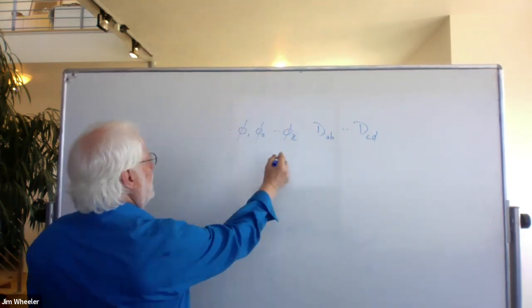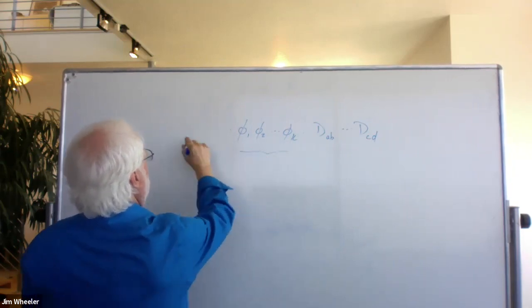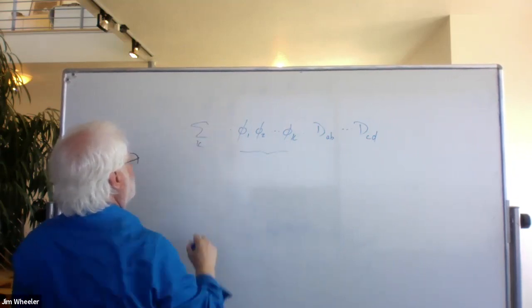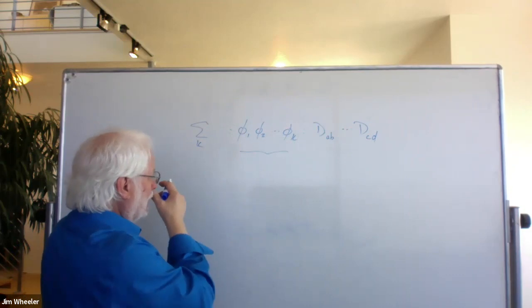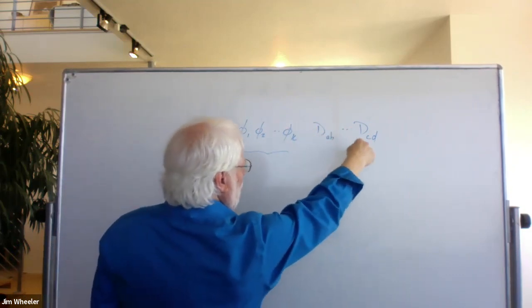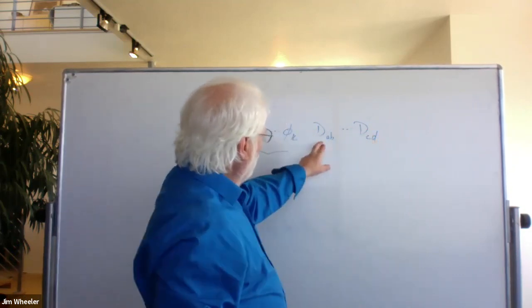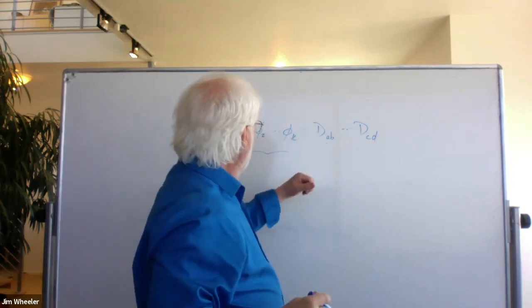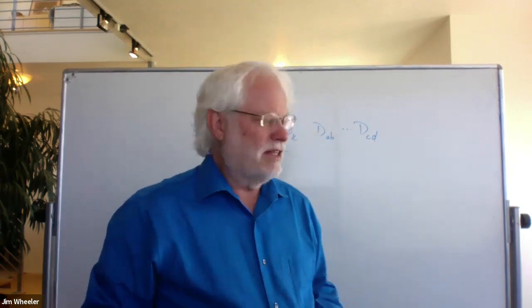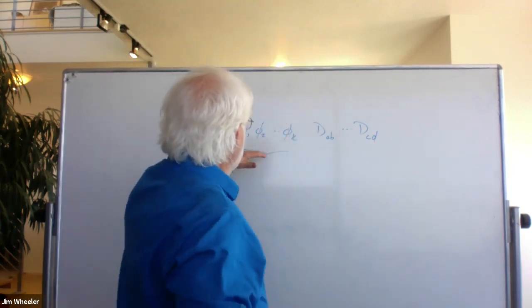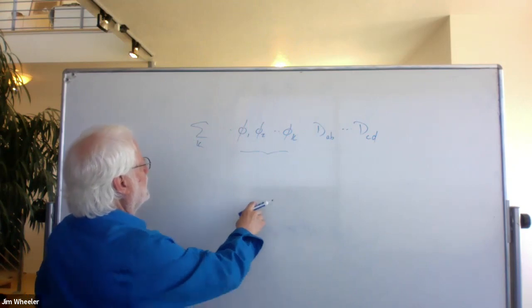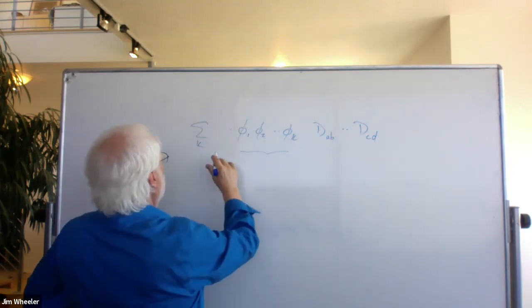So if this has k fields left, then we're going to sum over all possible k, but we're only going to be taking out 2 at once. The cases are a little different for k even and odd, but the claim of the theorem is that you have a sum of terms like this over each possible k.